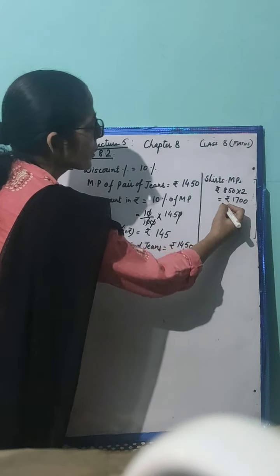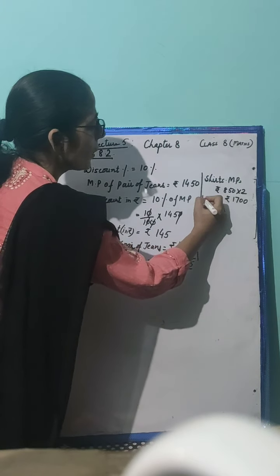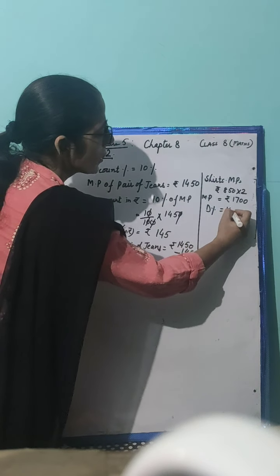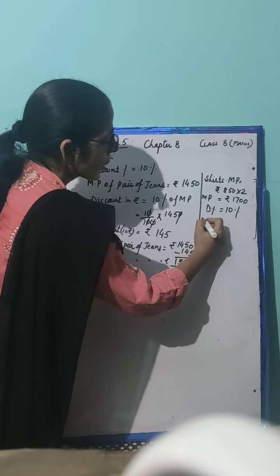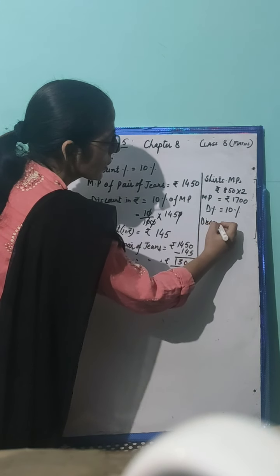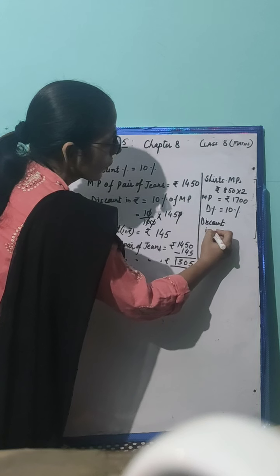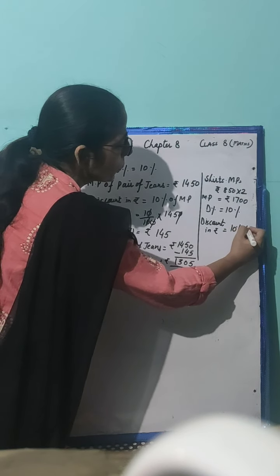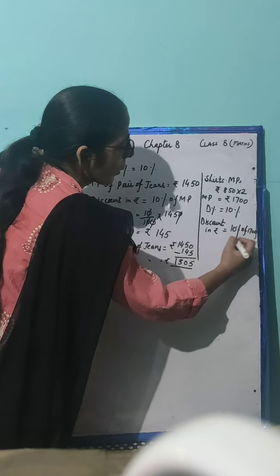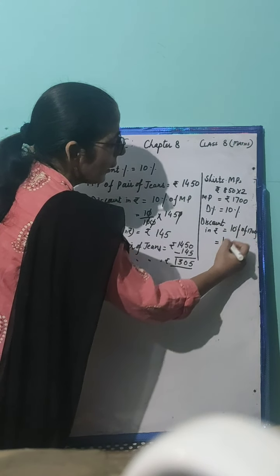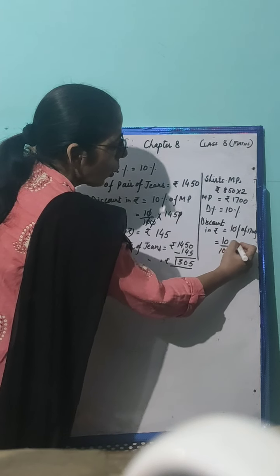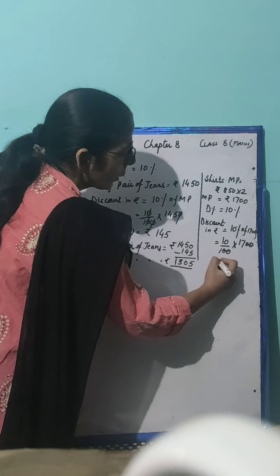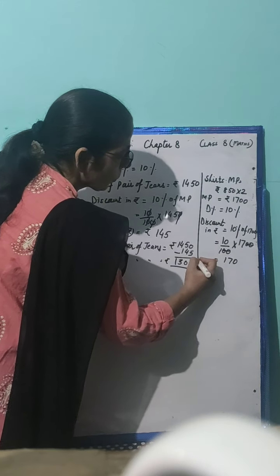In the same way, for the shirts the marked price is given, the discount percent is 10%, and we find the discount in rupees. I think now you will also be able to do these kinds of questions because they are on similar lines. 10% of 1700 will be 170 rupees.